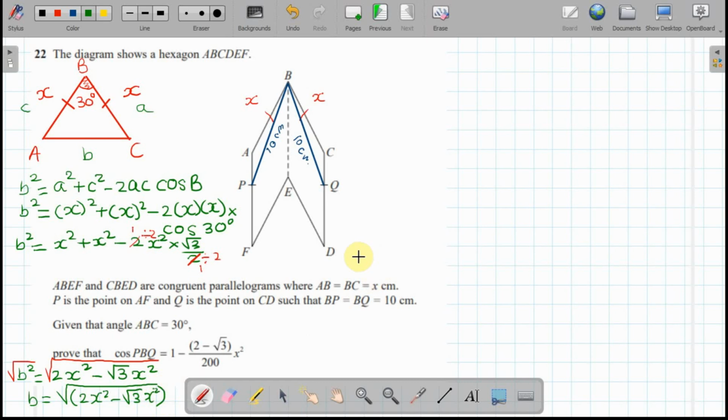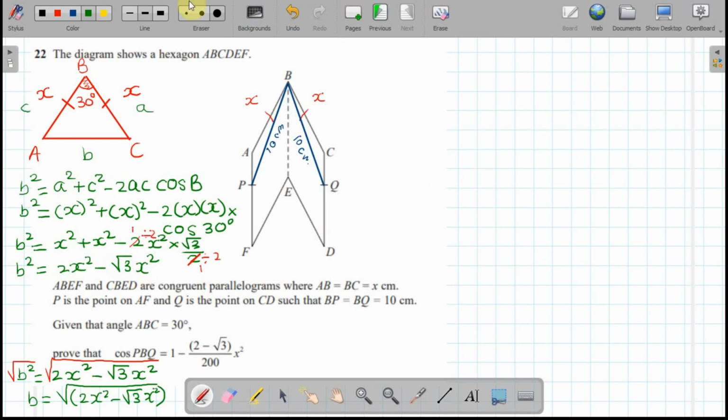But for now, I'm going to leave it as it is. I'm just going to write this line here because I might need this later on. So 2x squared minus root 3 x squared, that's what b squared is.